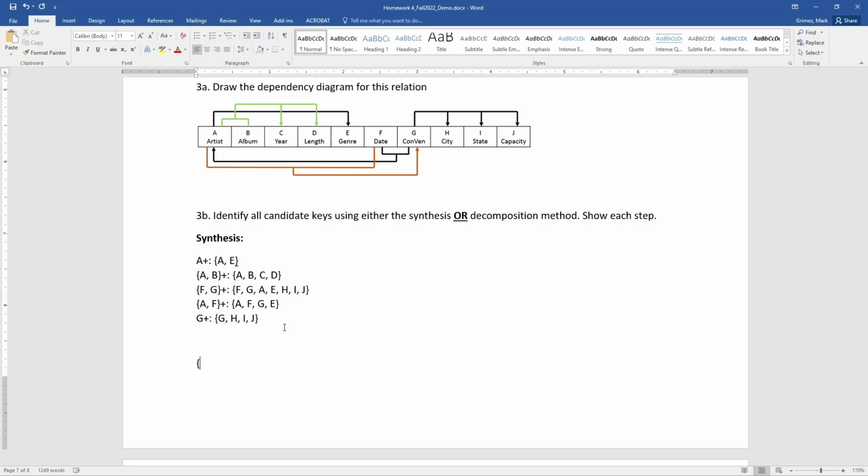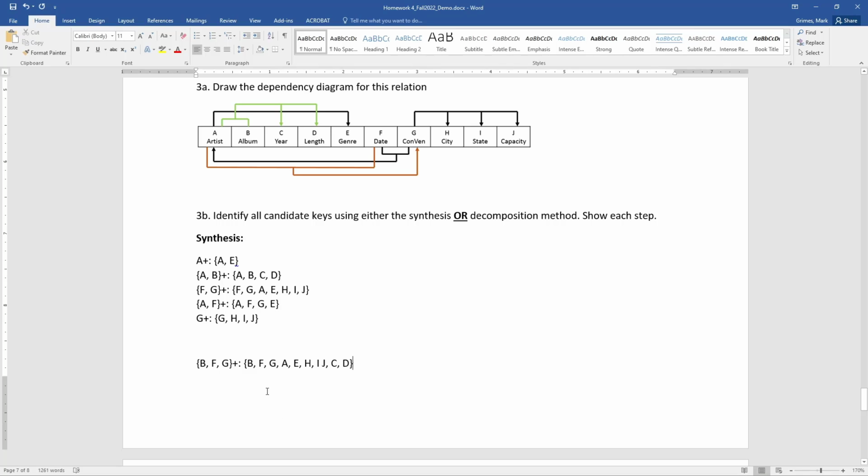If we had B, F, and G, the closure of that would be, of course, B, F, G, A, E, H, I, J, and since we know A and B, that functionally determines A, B, C, D. So we've already got A, B, add C and D here.